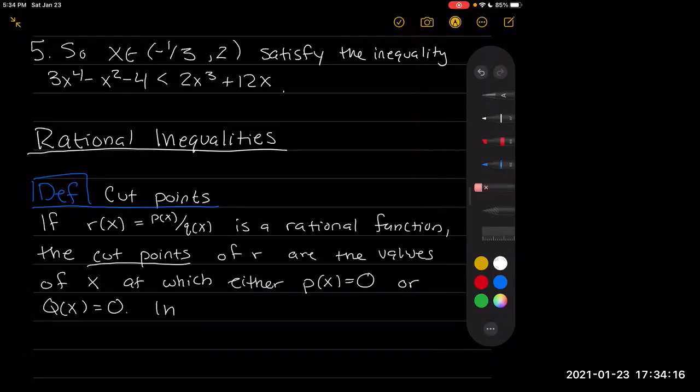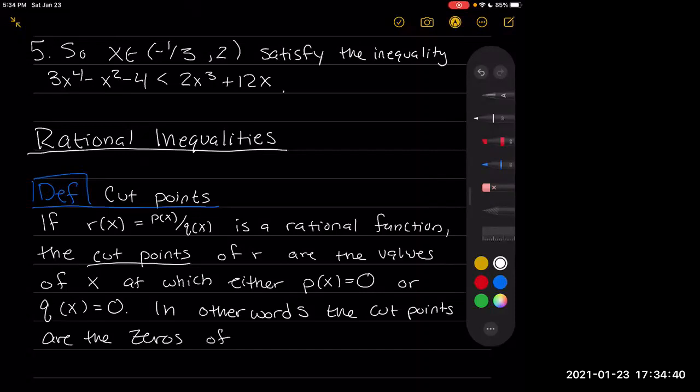Sorry, that should be lowercase. So in other words, the cut points are the zeros of the numerator and denominators.